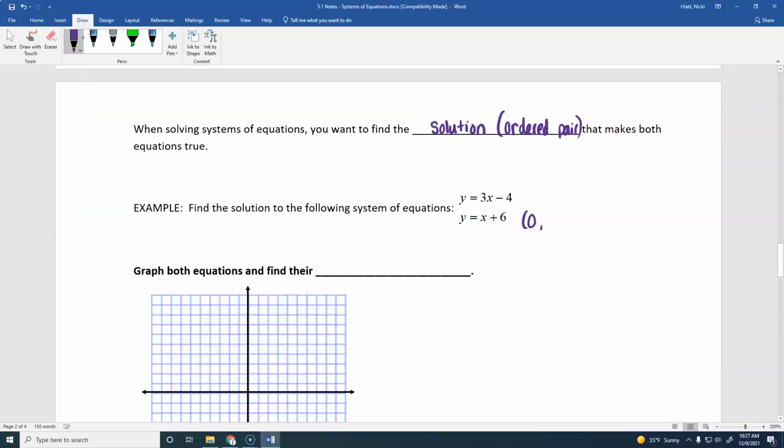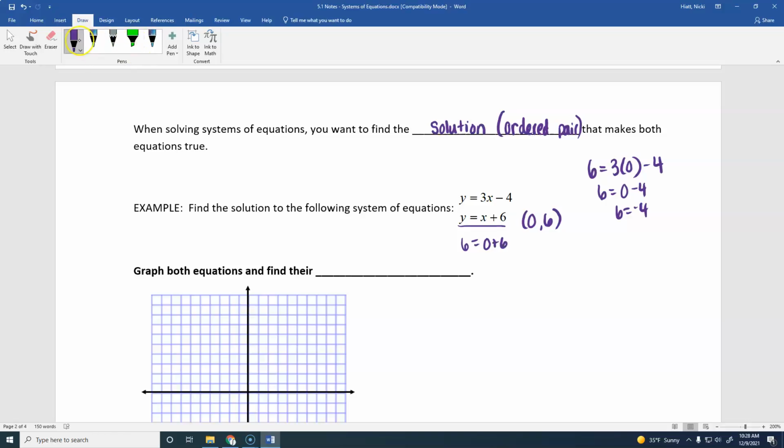So 0, 6 would work for that bottom one, right? But if I plug in 0, 6 up here, 6 equals 3 times 0 minus 4. 6 would equal 0 minus 4, so 6 would equal negative 4. So 0, 6 works when I plug it in here, right? 6 equals 0 plus 6.